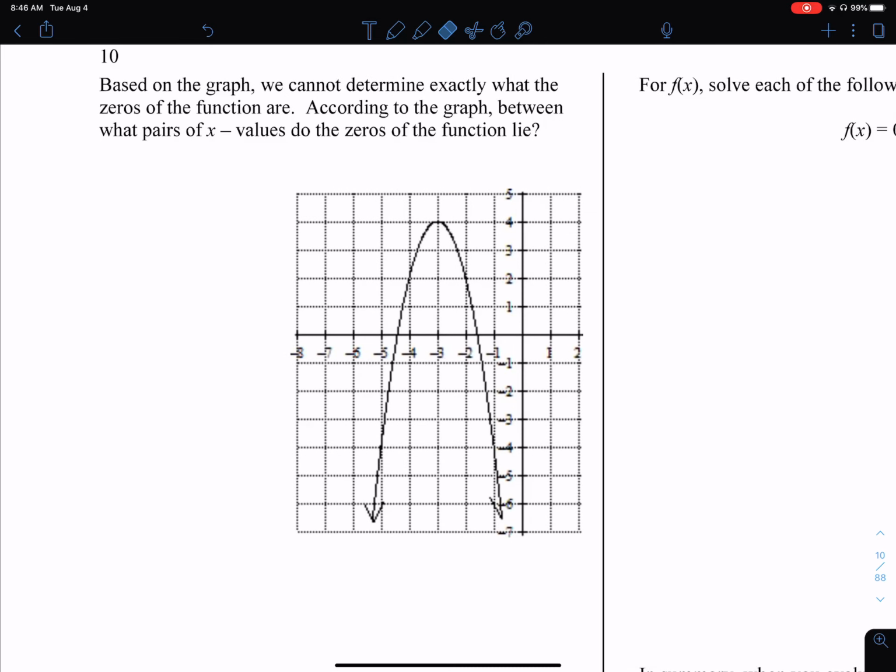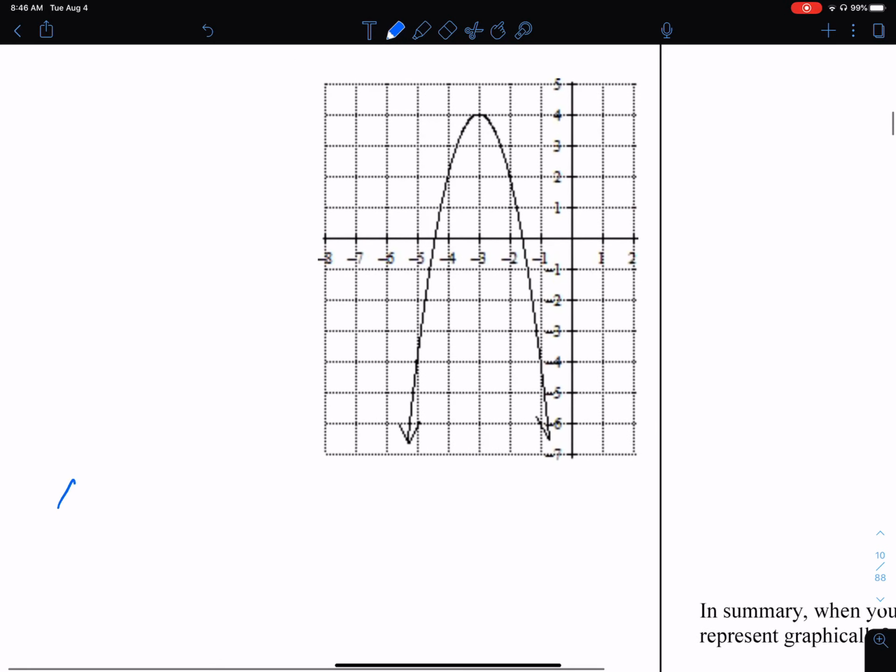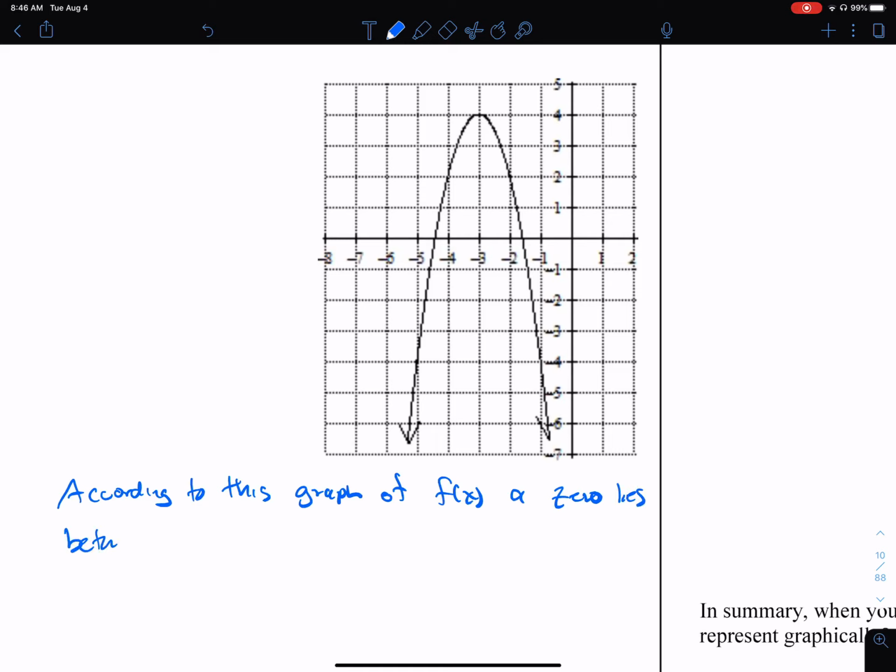Based on the graph, we cannot determine exactly what the zeros of the function are. According to the graph, between what pair of x values do the zeros of the function lie? Well, according to this graph, restating the question, the graph of f of x, be specific, a 0 lies between x equals -5 and x equals -4.